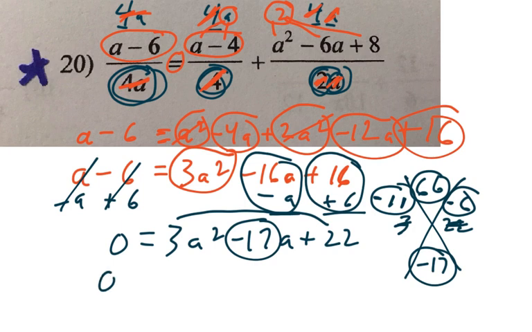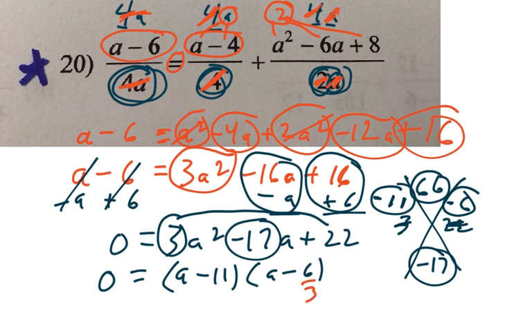But in our case, guys, we know that 0 is a minus 11, a minus 6. Now, I do need the 3 factor. So I'm going to divide this by 3 so I can times that by 3. So we now have what we need. 0 is 3a minus 11 times a minus 2.